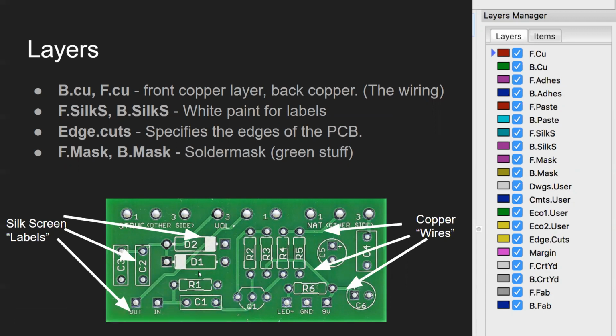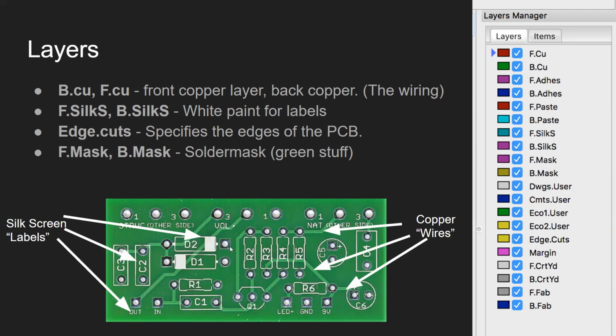Like the white text, all the white labeling you see, that's all the silk screen layer. Does that make sense? And then all these connections under it are all done in the copper layer. Does that make sense? Yeah.